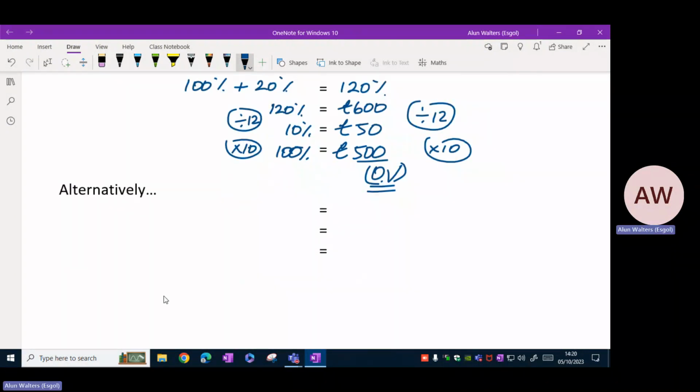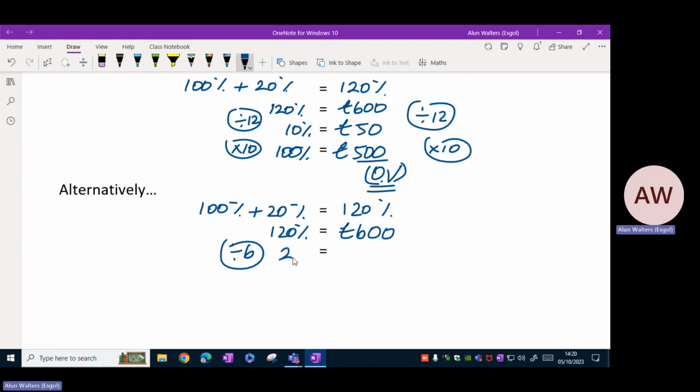Alternatively, I'd start the same way and say, well, 100% plus 20% is 120%. So 120% is £600. That's the exact same as above. But what I'm going to do on this occasion, I'm going to divide both sides by 6. And if I divide both sides by 6, I end up with 20%.